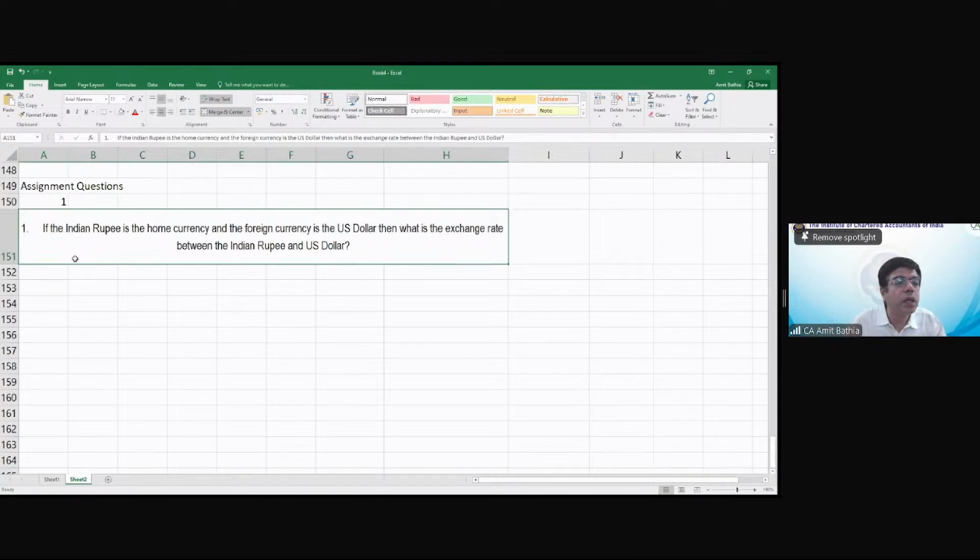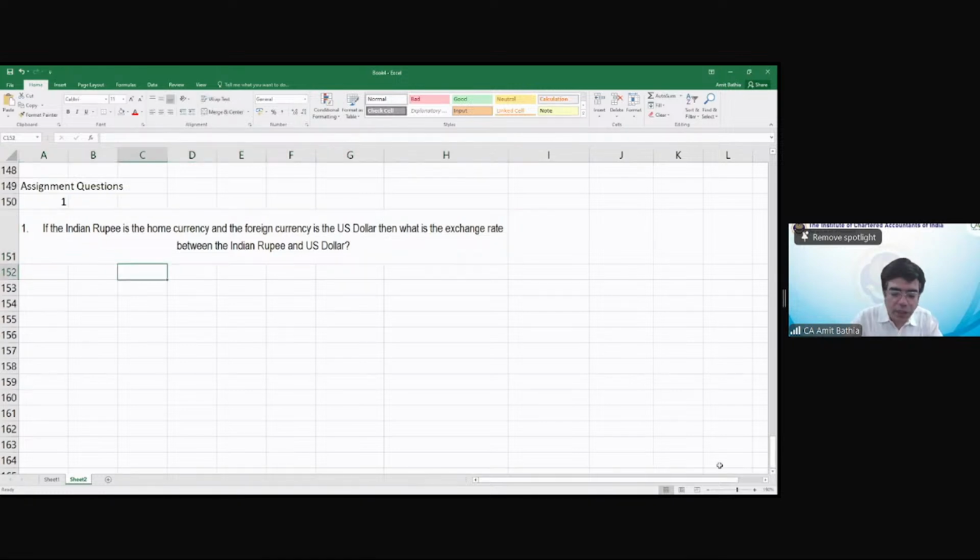If the Indian rupee is the home currency and the foreign currency is the US dollar, then what is the exchange rate between the Indian rupee and US dollar? Let's say for example the current prevailing price is USD 1 equals INR 86. Then what are the two ways of expressing it? Direct quote and indirect quote.